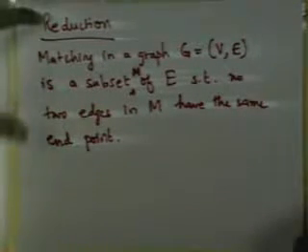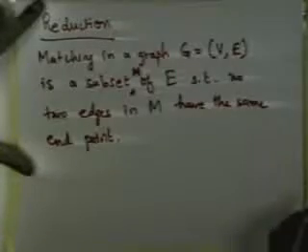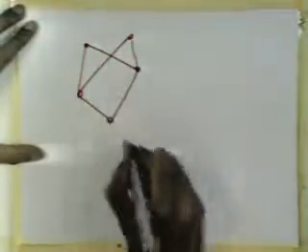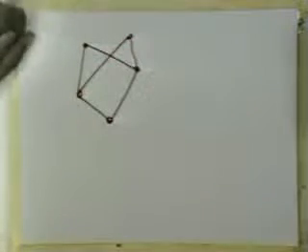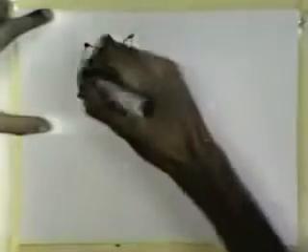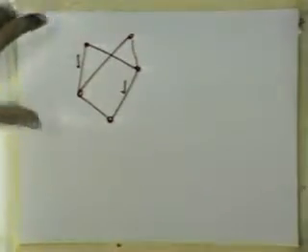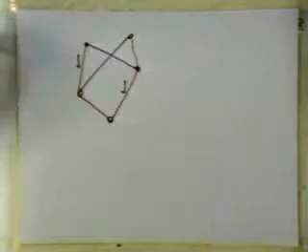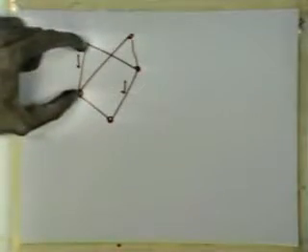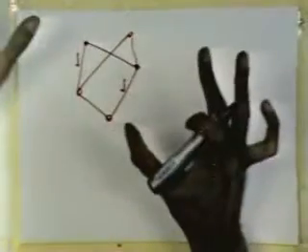Okay, let's look at an example. So let's take a graph. Okay, let's say this is a graph. So here's a matching. The ticked edges form a matching. If I look at these two edges, they do not share an endpoint. The endpoints of this edge are these two. The endpoints of this edge are these two. They do not share an endpoint.